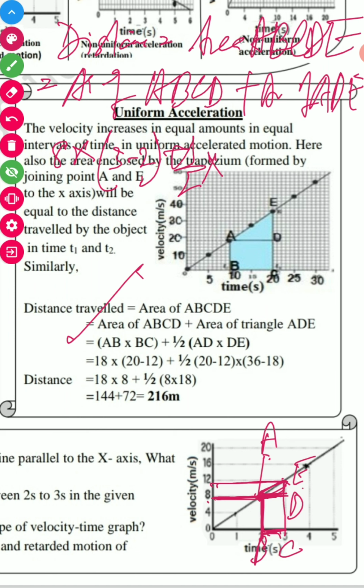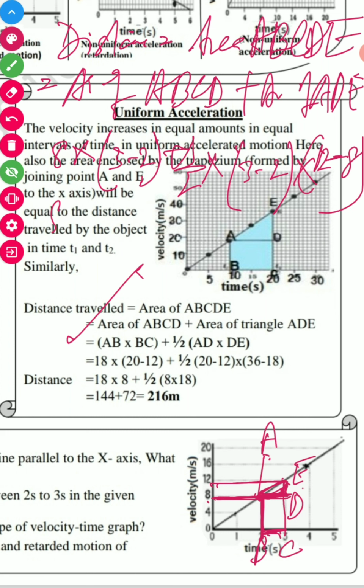AD means 3 minus 2, into height 12 minus 8.